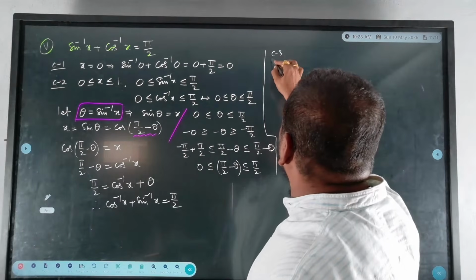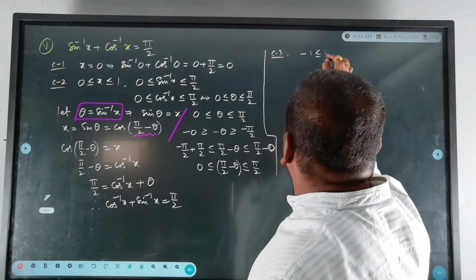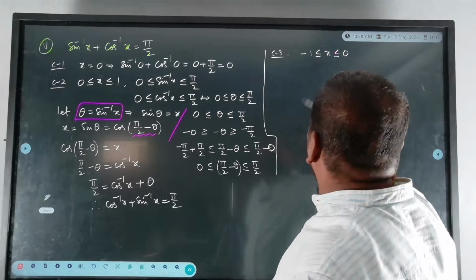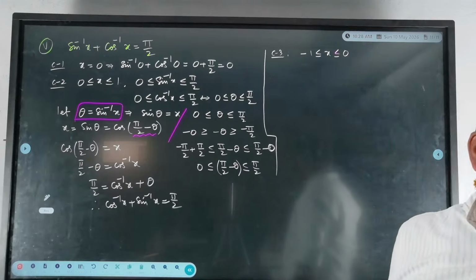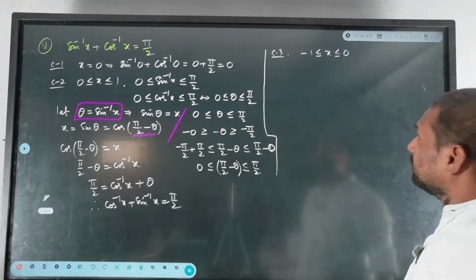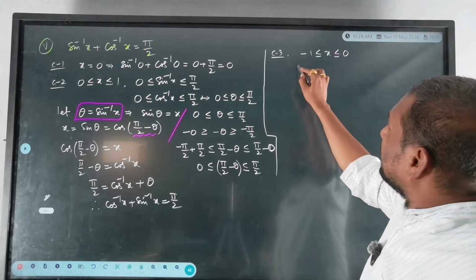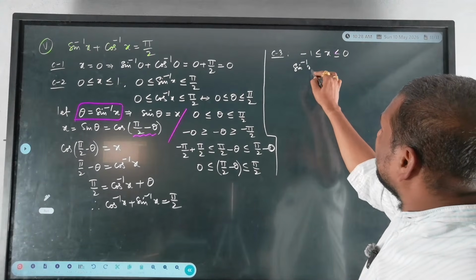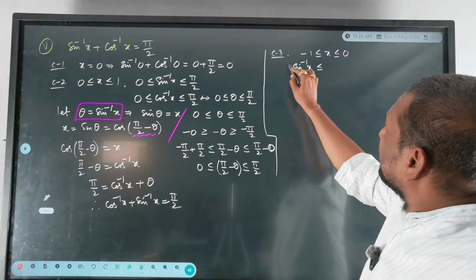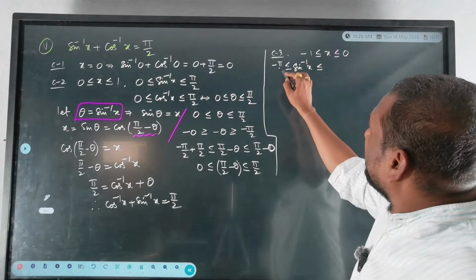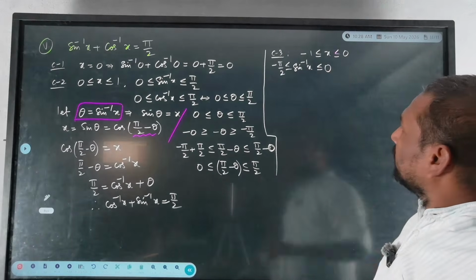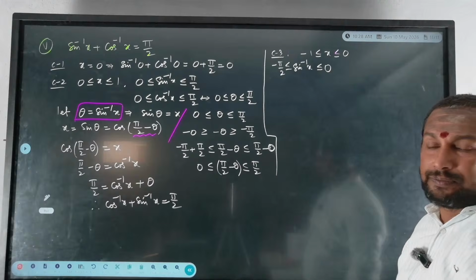Case 3 is a little tricky: -1 less than or equal to x less than or equal to 0. Now what does sin inverse x become? It is minus pi by 2 to 0.